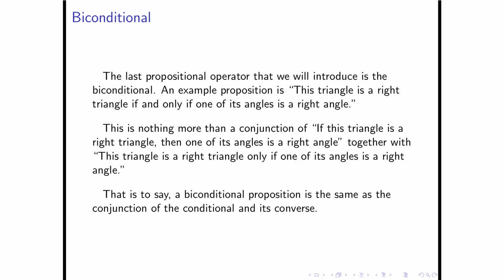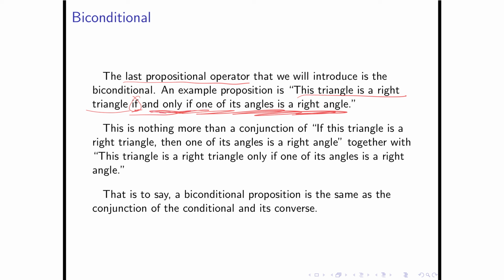And now we have the last binary propositional operator that we will introduce in logic, and that is the biconditional. So this is merely saying if and only if, right? So we are essentially saying the if part, which means, if one of its angles is a right angle, then this triangle is a right triangle.